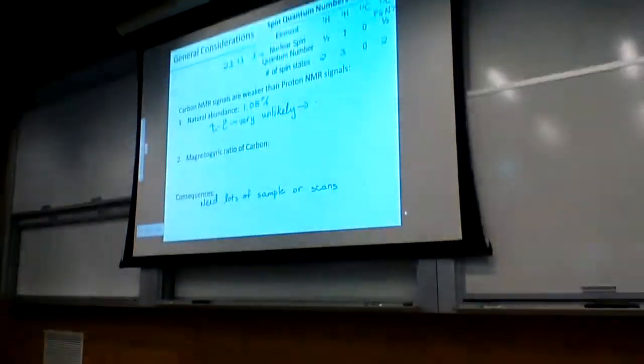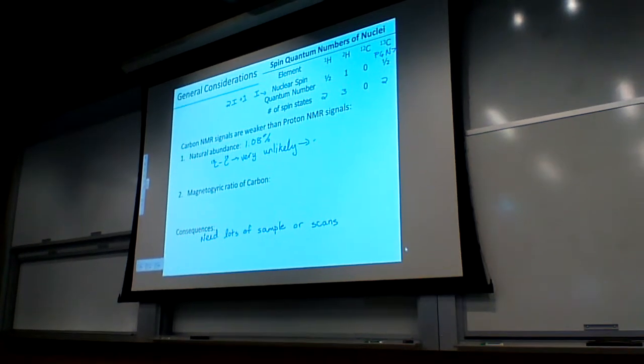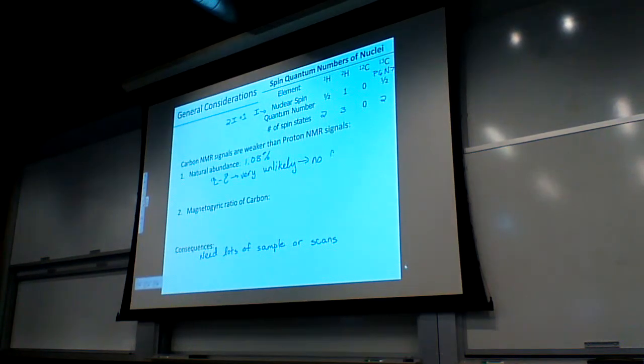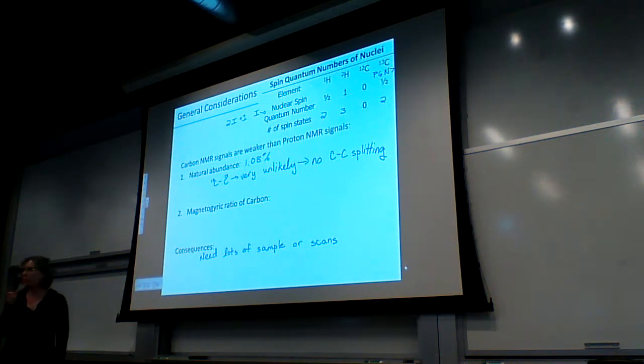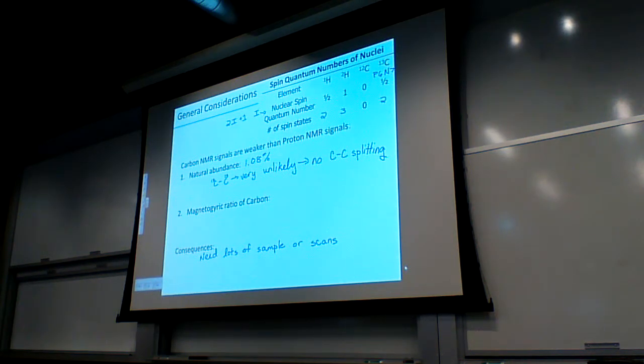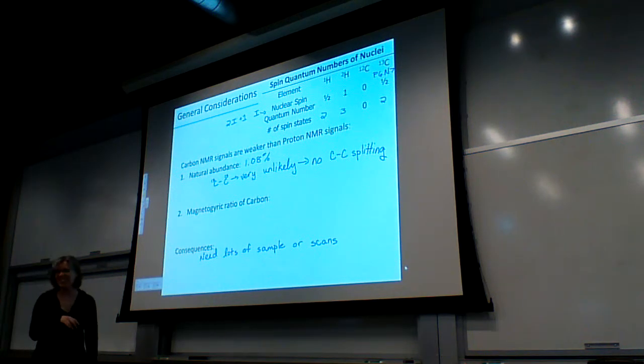So we're not going to see splitting. No carbon-carbon splitting. On Monday, we'll talk about proton-carbon splitting, because we know there's lots of protons in the molecule that are NMR active and can cause splitting. And we'll talk about how we get rid of it so we can actually see our carbon peaks. But we're not going to see splitting from carbon-carbon.